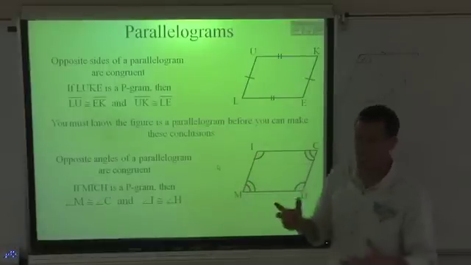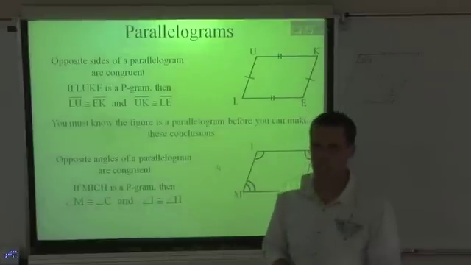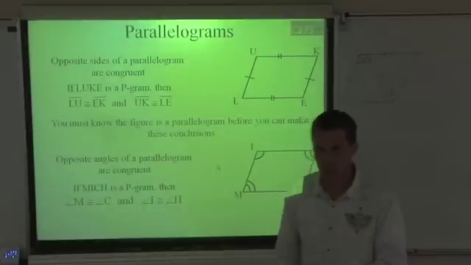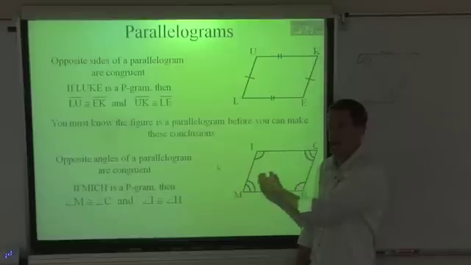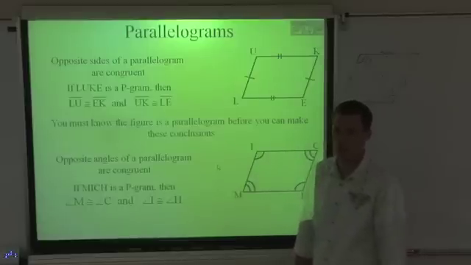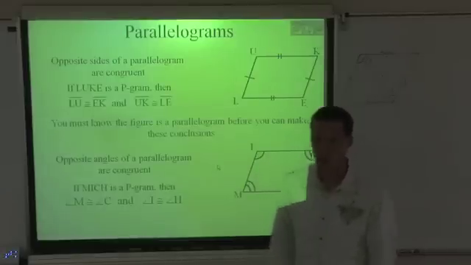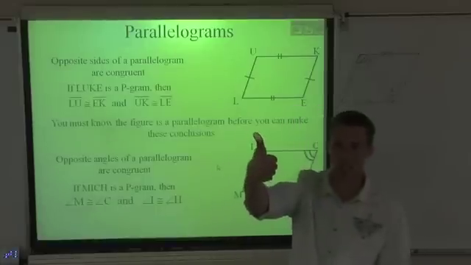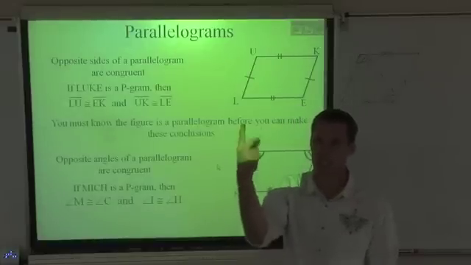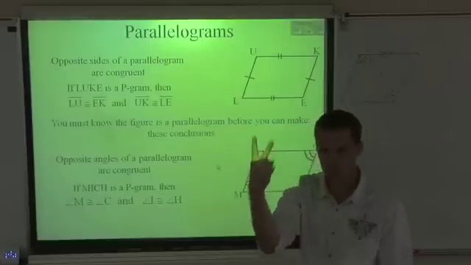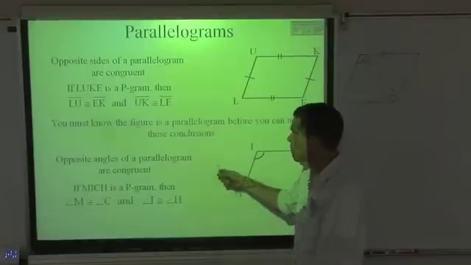M is congruent to C, I is congruent to H. So these are not the markings we start with, but rather this is what we add when we hear it's a parallelogram. So we have the definition on our thumb, and we have 2 properties so far. Opposite sides are congruent, opposite angles are congruent. Let's move to property number 3.